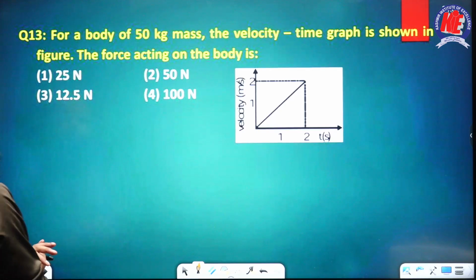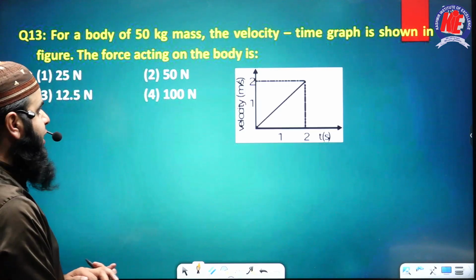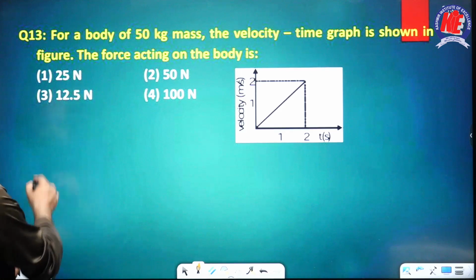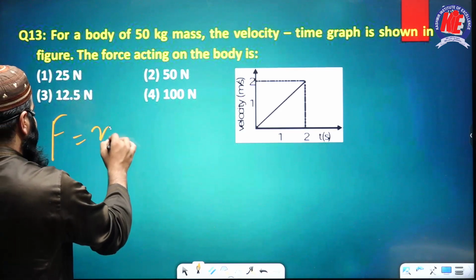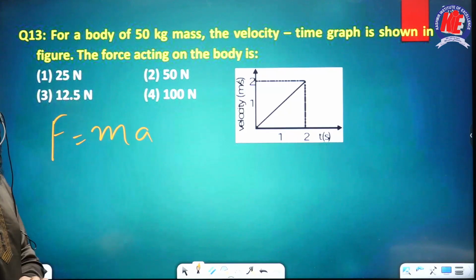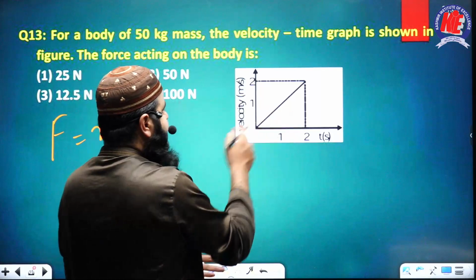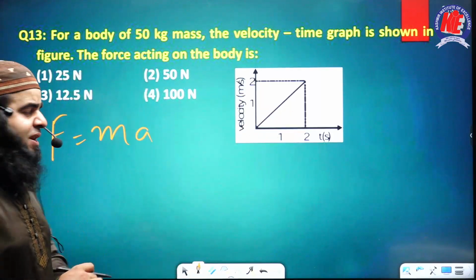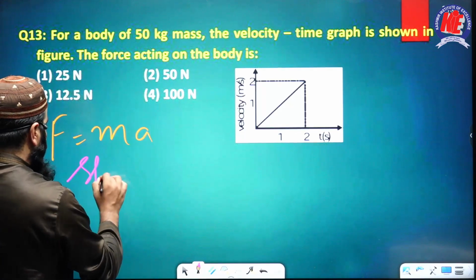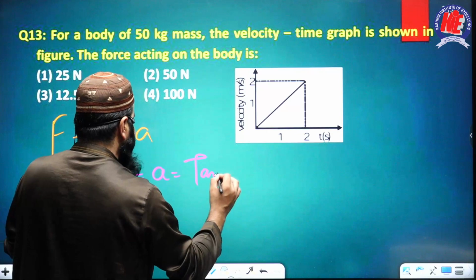Next one please. For a body of 50 kilogram mass, the velocity time graph is shown in the figure. The force acting on the body is... You want to calculate the force, you express it as mass into acceleration. Mass आपको directly दिया गया है, but you can calculate the acceleration from the given graph. Recall from kinematics, velocity time graph है, slope of velocity time graph gives you the acceleration. So I'll write down the slope that gives you the acceleration, that is defined as tan of theta.